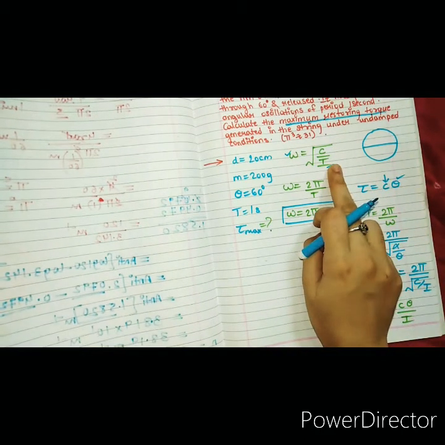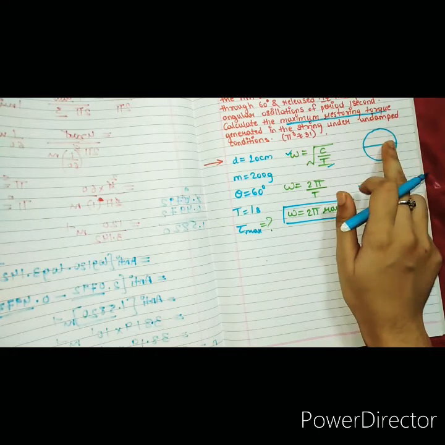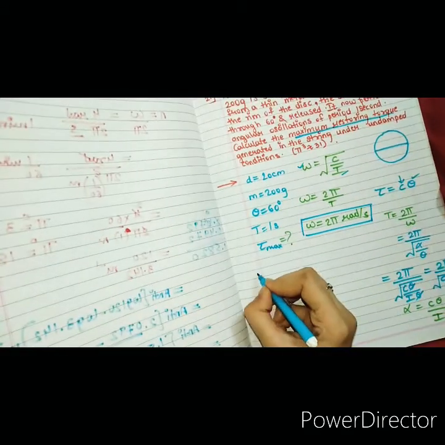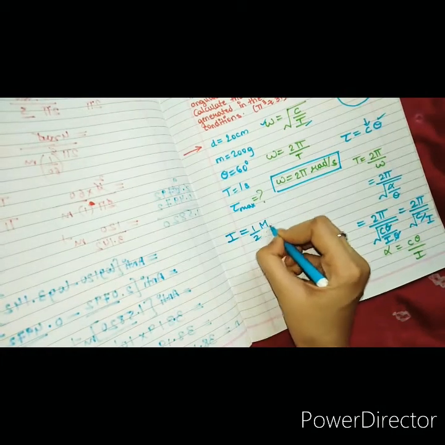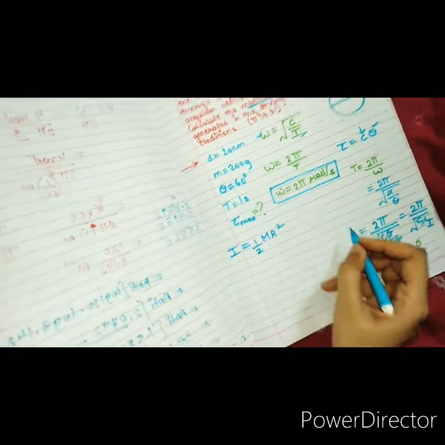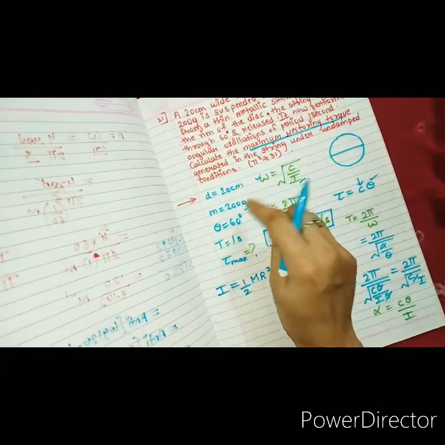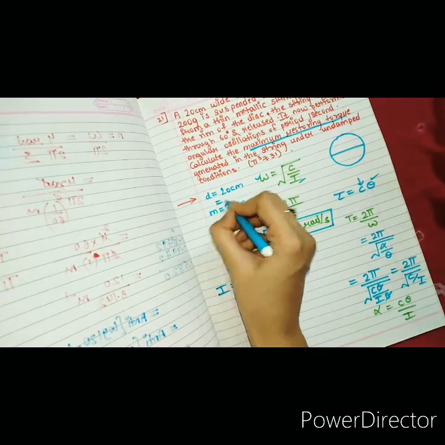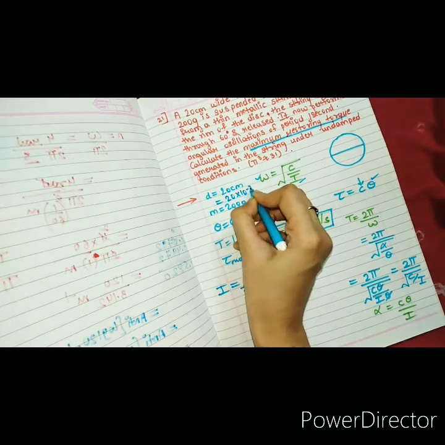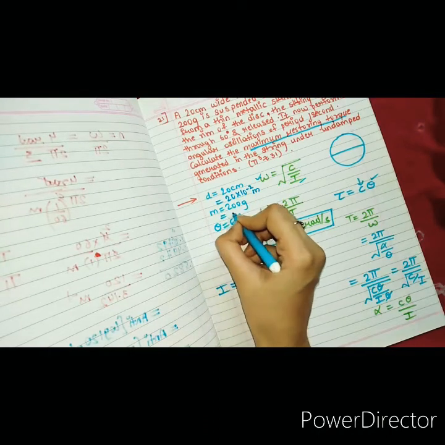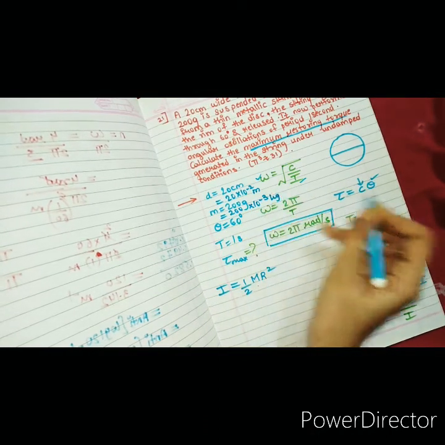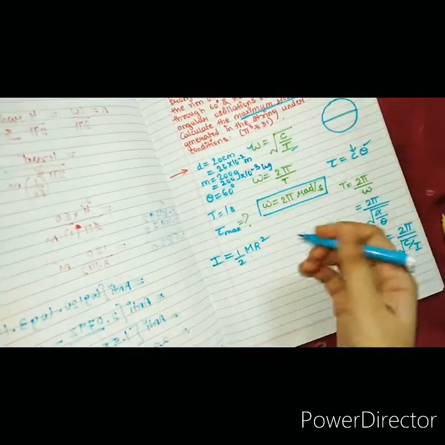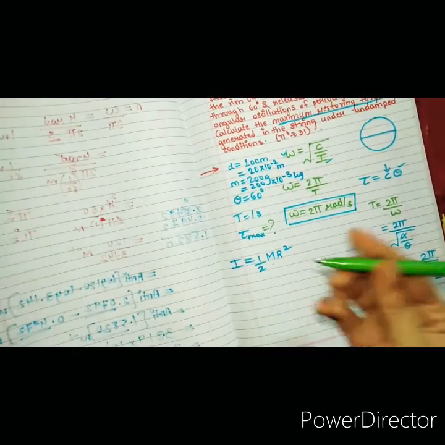So let's see the moment of inertia for a thin circular disc. The moment of inertia for a thin circular disc is nothing but 1 upon 2 M R square. Now I will be converting these terms into SI units. So 20 into 10 raised to minus 2 meter diameter, and 200 gram will be 200 into 10 raised to minus 3 kilogram.